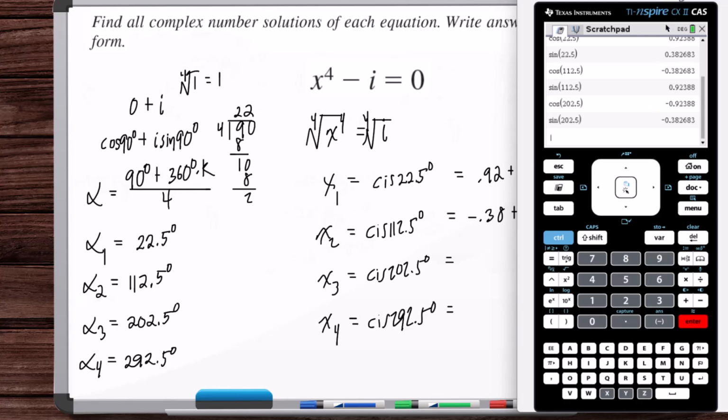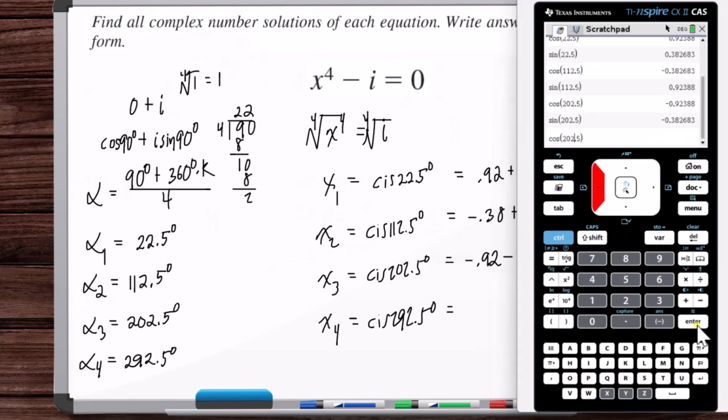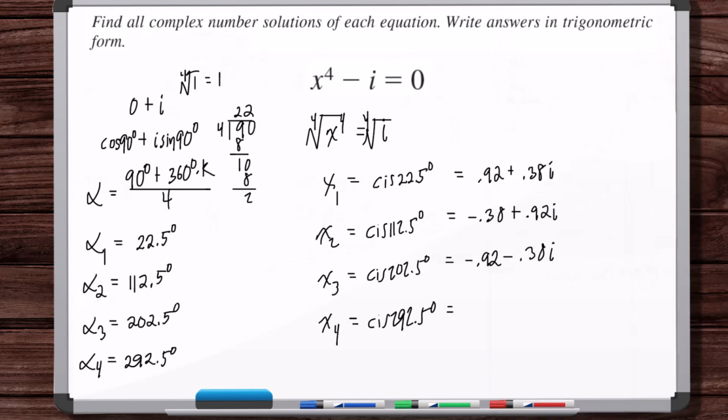Okay, now minus 0.92 minus 0.38i. Okay, now 0.38 minus 0.92i. And there we go. If you take any of these to the fourth power, you're going to get just I.